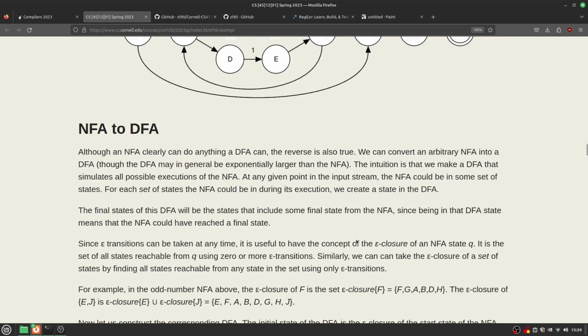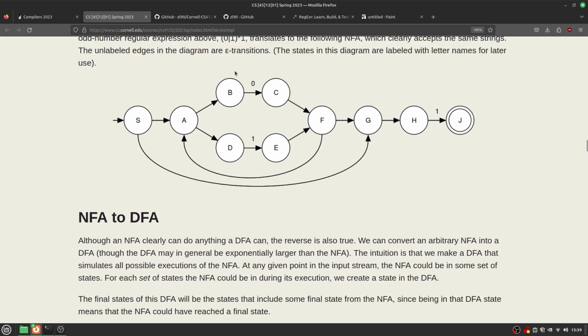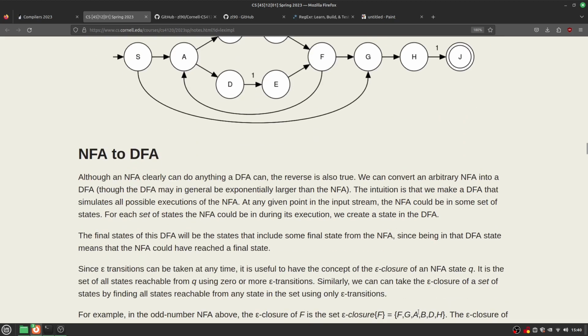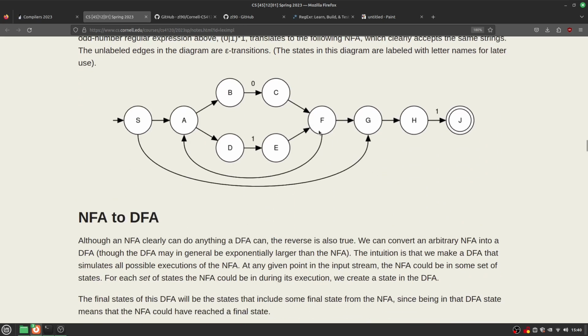So the empty string closure of F is the set F to G, F to A, F to B, so you can get there through A, I'm guessing. Wait, D and H. Huh?